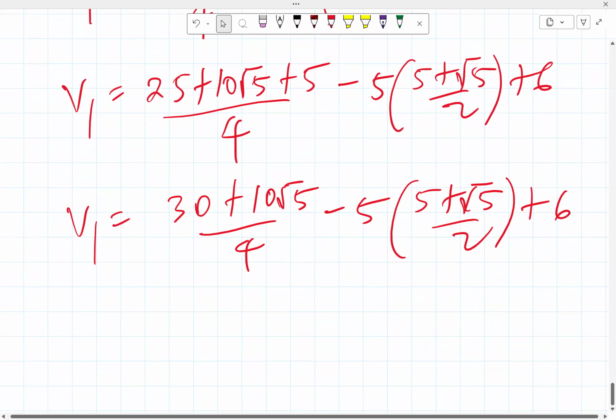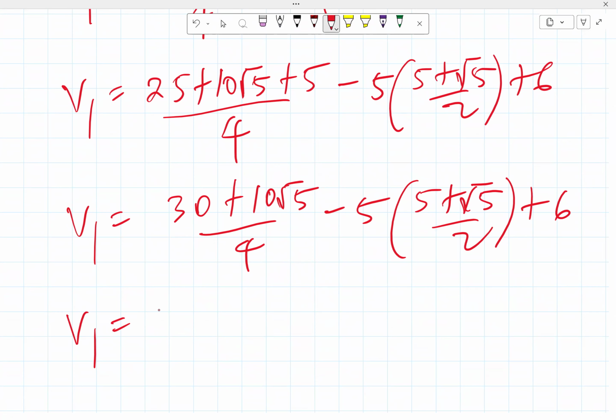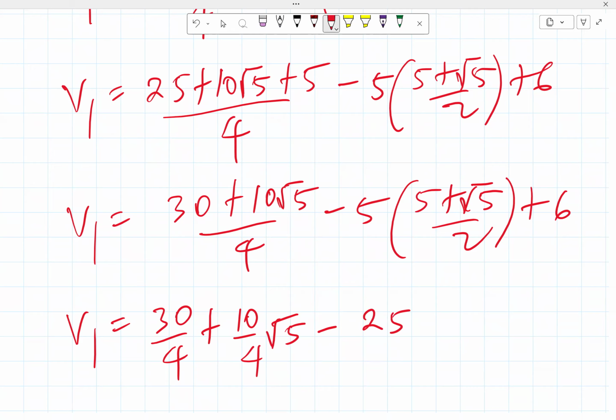So what can we do? I guess we have to break it apart, split everything up as much as we can. So this is 30 over 4 plus 10 over 4 root 5, minus 25 over 2, plus 5 root 5 over 2, plus 6.